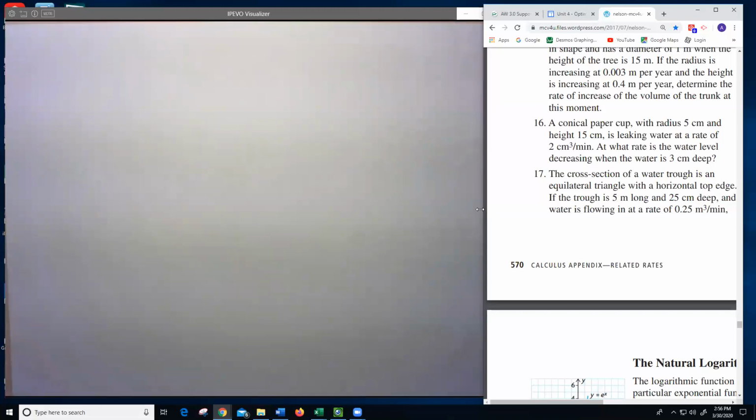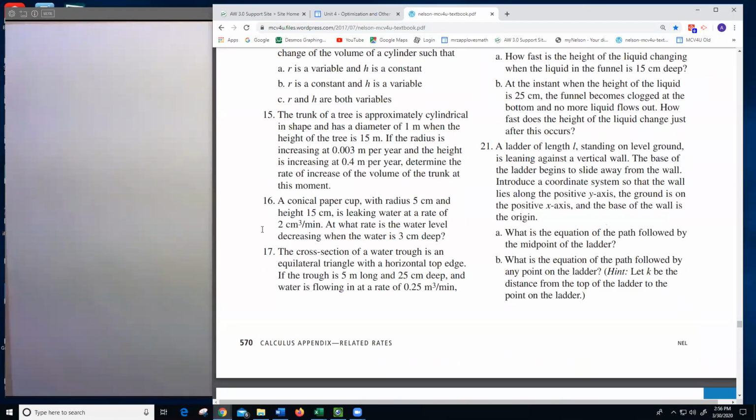All right, so we're being asked for when do we use marginal cost and marginal revenue? So again, that's used in economics when they're trying to figure out the best number of items that you're trying to sell in order to maximize your profit. Okay.